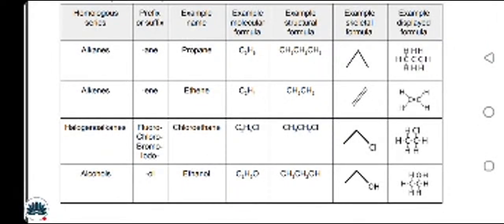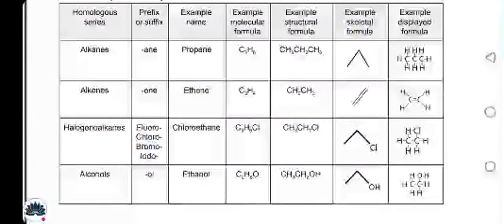In the skeletal formula you can see 3 points. So this shows that in this alkane, propane, there are three carbons, and we are just required to show the zigzag lines, and every zigzag line point shows a carbon atom. We are not required to write anything else.